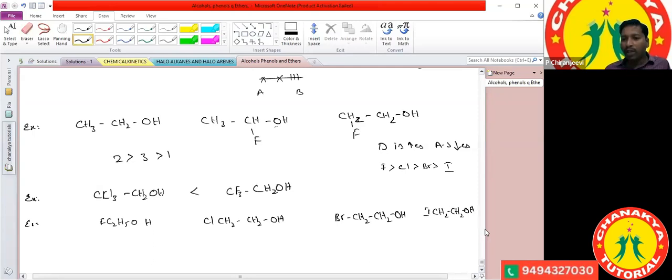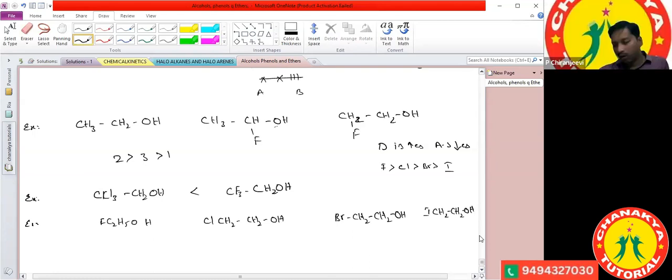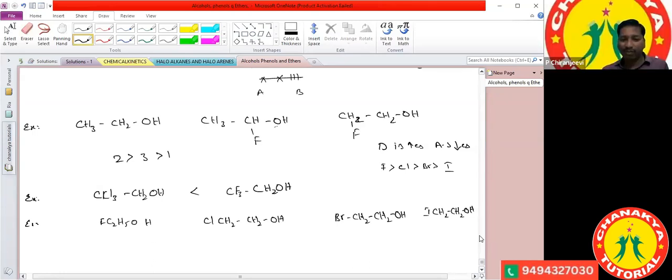From fluorine to iodine, does the acidic strength increase or decrease? Fluorine is more electronegative, so fluorine will be more acidic compared to iodine. From the first structure to the last structure, the acidic strength decreases. Very good.